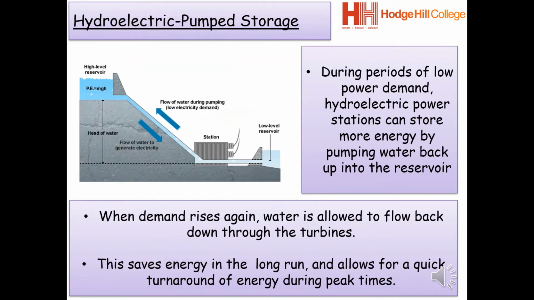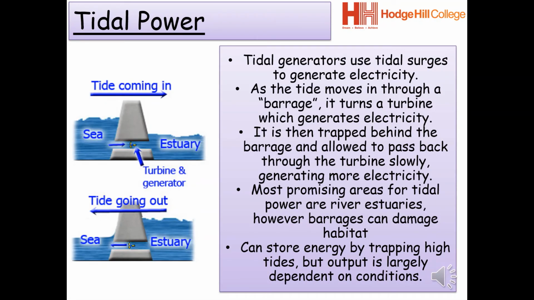Tidal power. Tidal generators use tidal surges to generate electricity, and tidal power uses tides, which are produced by the gravitational pull of the sun and moon. How they do this is that they create tidal barrages, which are big dams in rivers, and these dams have turbines in them. The tide comes in and fills it up, and the water is allowed to move at a controlled speed.